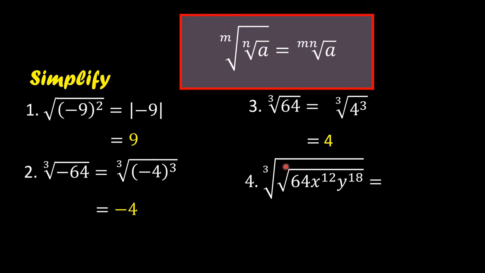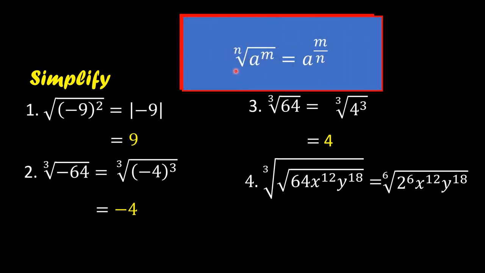So here, it is understood the index is 2. Just multiply 2 by 3. So we have the 6th root of 2 raised to 6, x raised to 12, y raised to 18. 2 raised to 6 is equal to 64 because if you multiply 2 by itself 6 times, you will get 64.